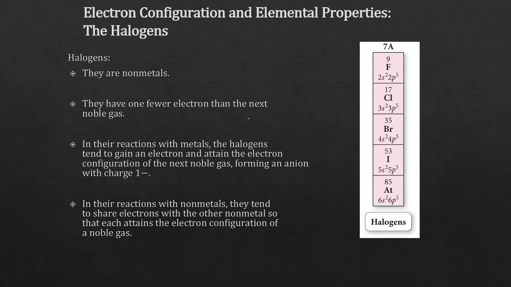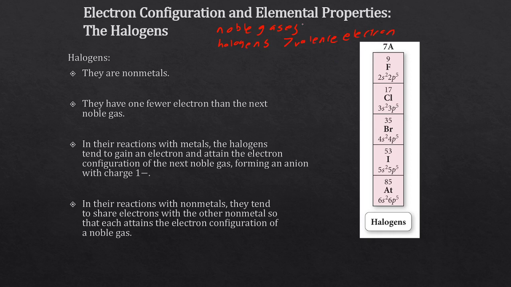So you'll notice of the specific groups I named that we need to make sure we know, we have noble gases. Those are the ones that occur at the far right and have exactly 8 valence electrons. We have halogens. Those are the ones that have 7 valence electrons, and they tend to gain exactly 1 when they react with metals.